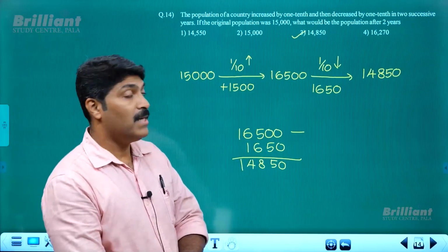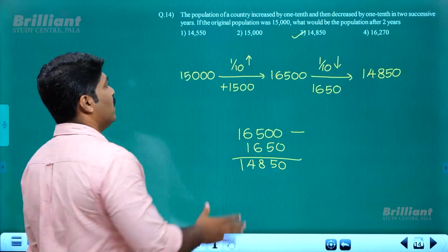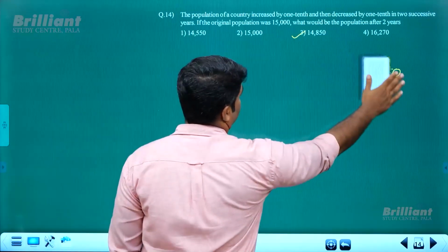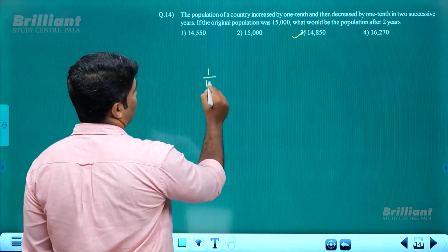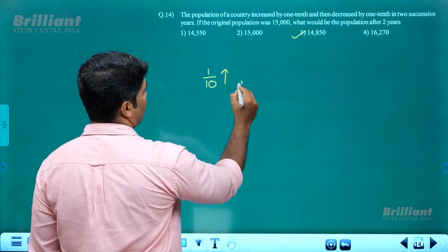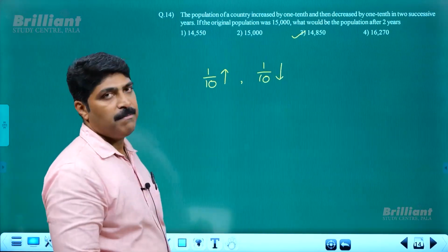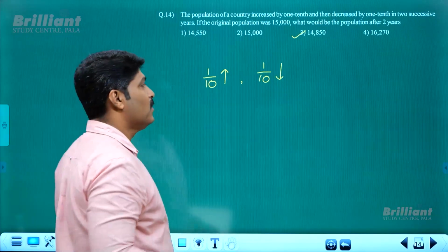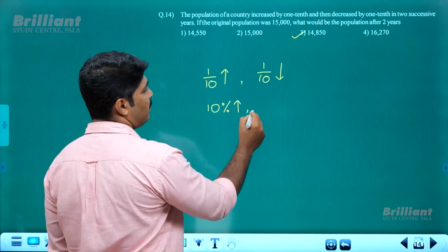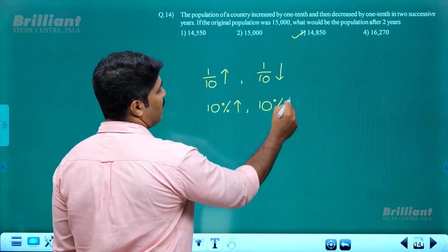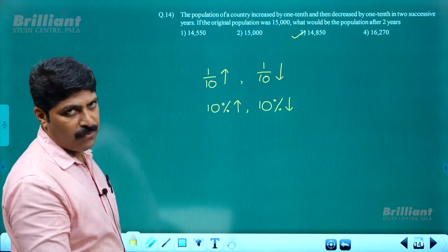But there are some smarter ways to reach the conclusion of such a question easily. So we can check a logical or interesting method. Here, it's first increased by 1/10, then successively decreased by 1/10. What is the corresponding percentage of 1/10? That means 10%. It's simply a 10% increase, then a successive 10% decrease. Keep that result in your mind. It's part of successive variation.